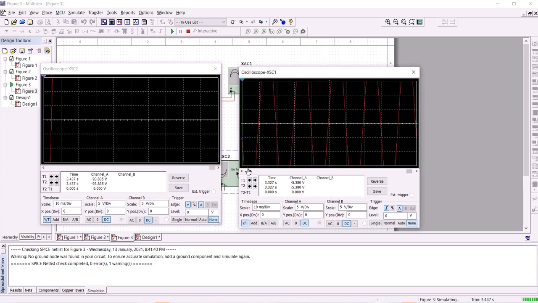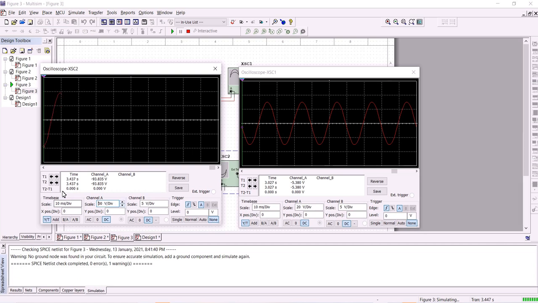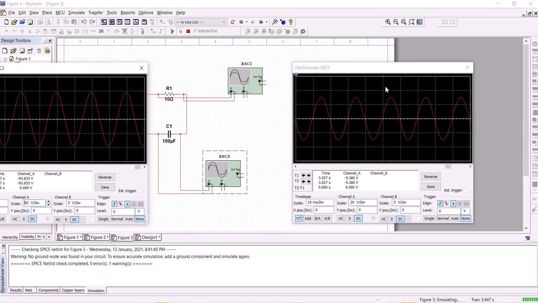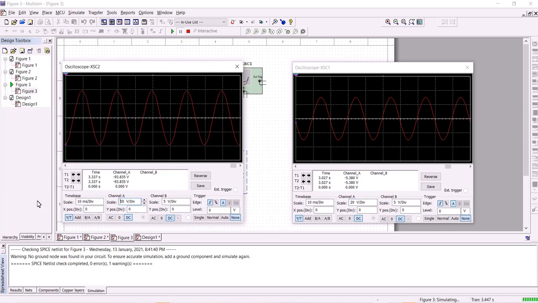So let's go to the graph. So okay, this is the output waveform for R1, and this is the output waveform for C1.